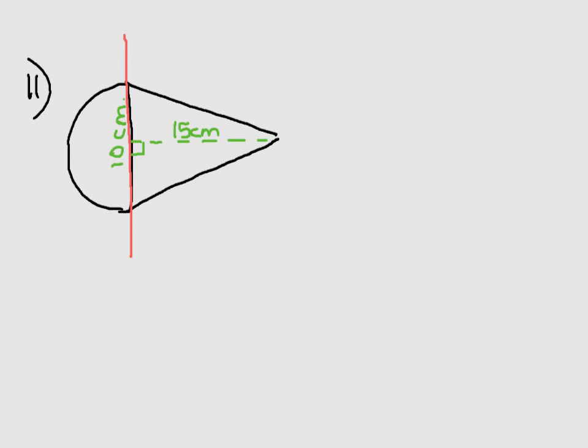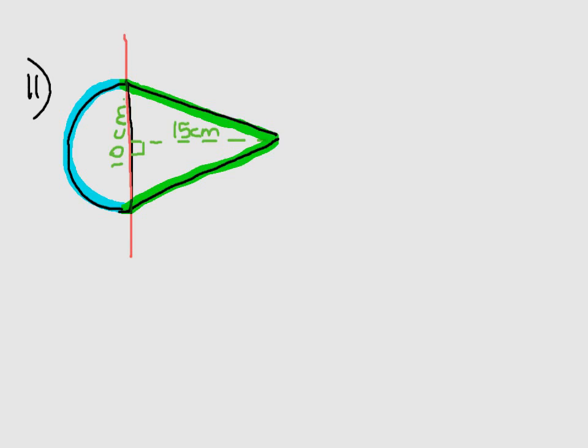What we want to find is the circumference of that semicircle, and then we need to find the distance here and here, and that would give us the entire perimeter of this figure. Let's work with the semicircle first.